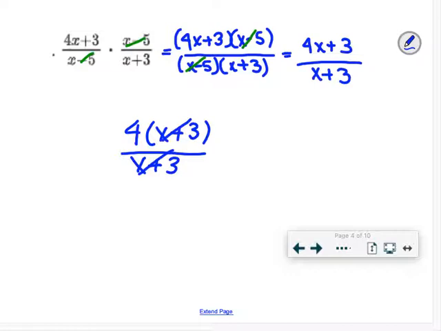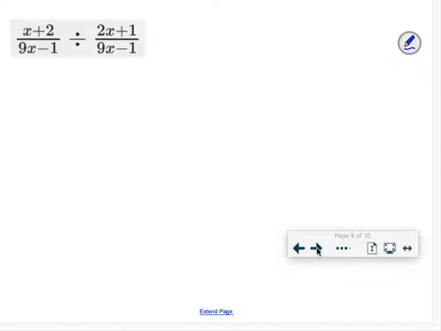So we cannot cancel this out any further. So this is our final answer. And we could test a value for x to see if it's true, and we find it does not always equal 4.